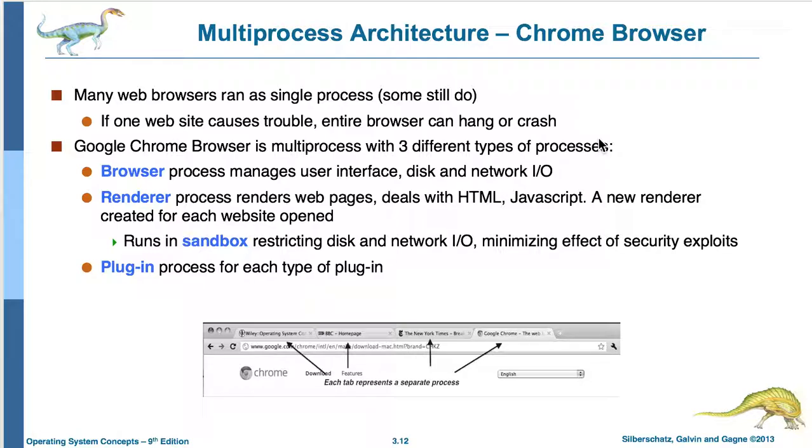So certainly benefits in terms of performance, as well as likewise with security. If you have a security exploit launched against the browser, what will really only suffer in this kind of a paradigm will be simply that particular process which is running in a sandbox. So the rest of the system is shielded from the impact of the exploit.